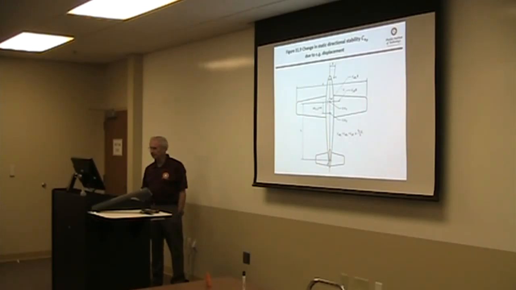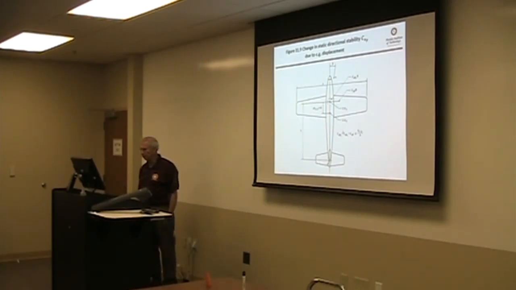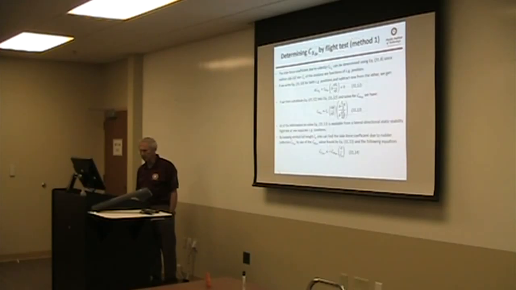And so we can define that Cn beta 2, which was the Cn beta at this position, is equal to the Cn beta at that position, plus the change in side force times the delta CG, this distance right here. And we can then solve the side force coefficient due to side slip.